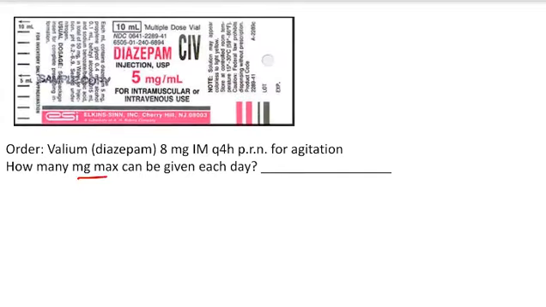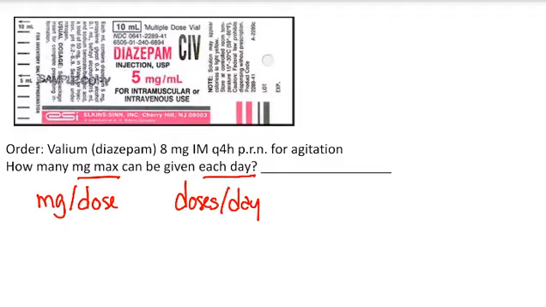How many milligrams max can be given each day? So what do I need to know? I need to know how many milligrams per dose, how many doses per day, right? So I know I'm going to have 8 milligrams per dose, and milligrams max means if this patient can have it, because it's PRN, as much as they need it.